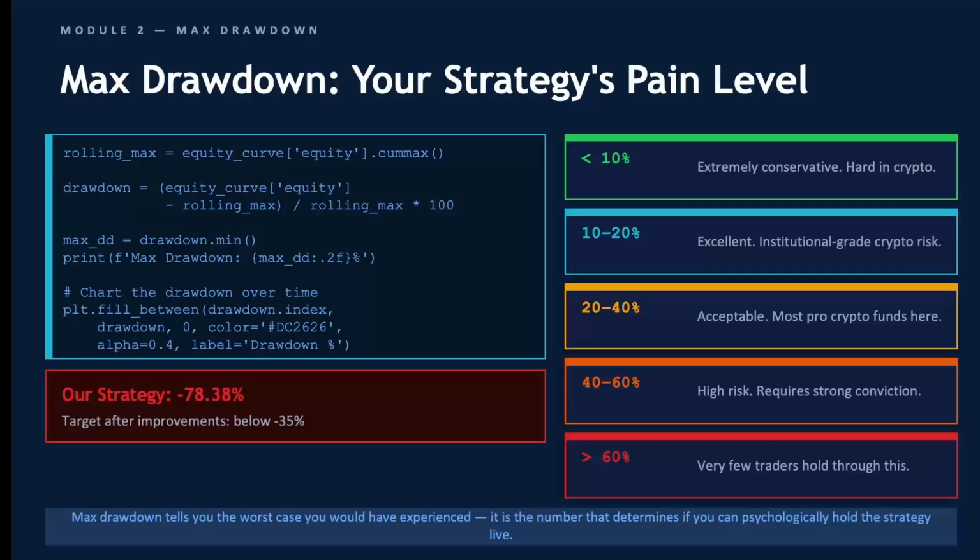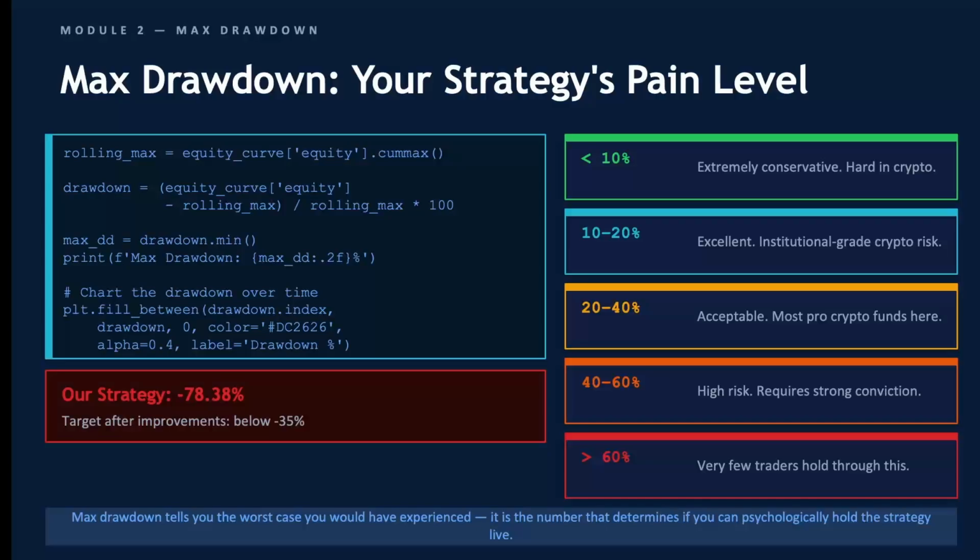Next are the drawdown benchmarks. A drawdown of less than 10% is extremely conservative and hard to achieve in crypto. 10 to 20% is excellent for crypto and is institutional grade risk management. 20 to 40% is acceptable and most professional crypto funds operate here. 40 to 60% is high risk and requires strong conviction and deep pockets.